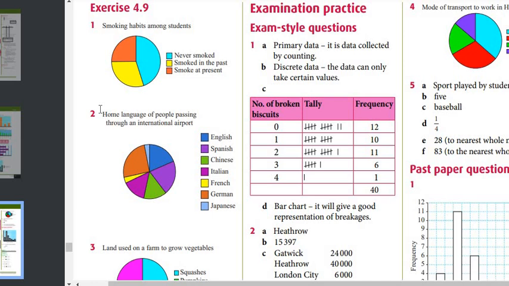Here's the answer, for example number 2, the home language of people passing through international airports. We have the pie chart with the different colored sectors that you measure with the protractor, and then the different colors for the key. I hope this helped you by analyzing how to work with pie charts.